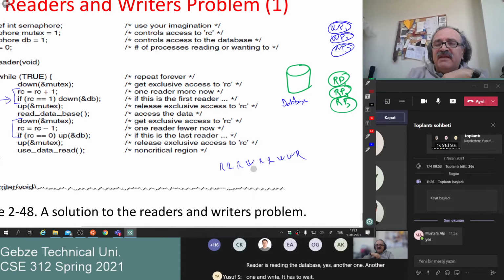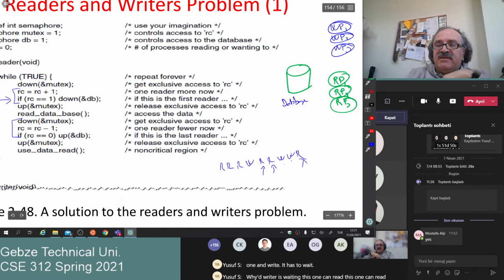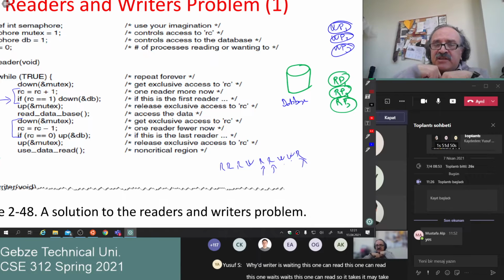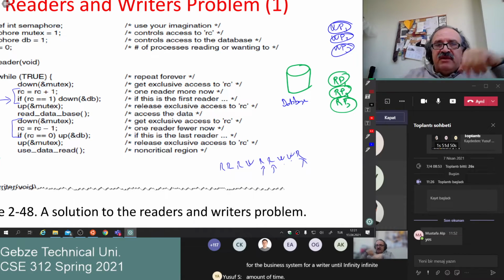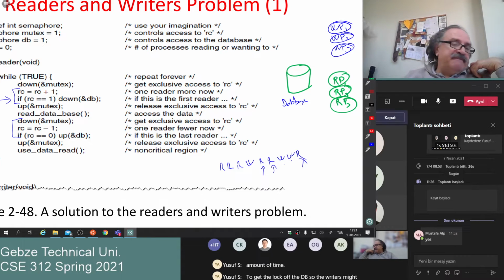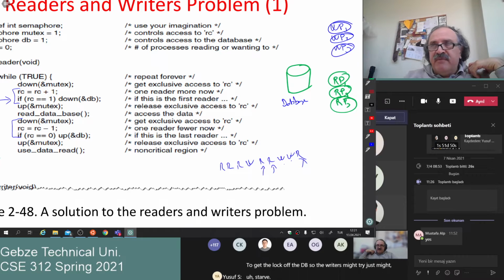While the writer is waiting, this one can read, this one waits, this one can read. So for a busy system, it may take an infinite amount of time for a writer to get the lock of the DB. So the writers might starve. That's one bad thing.